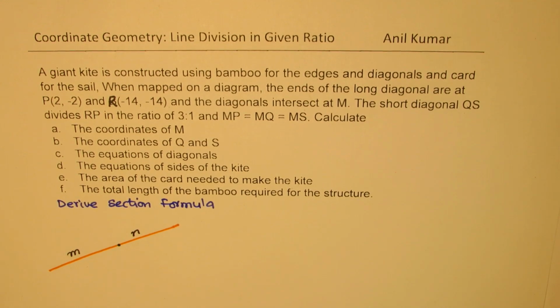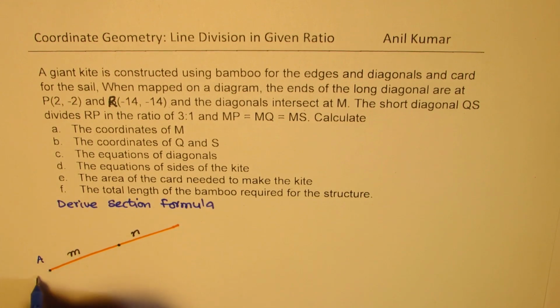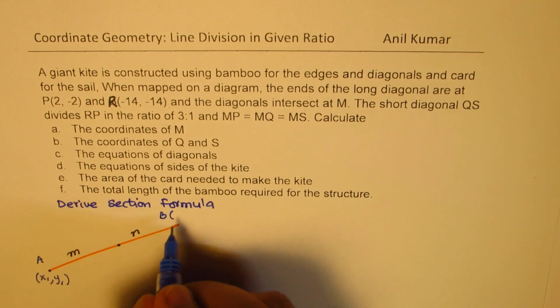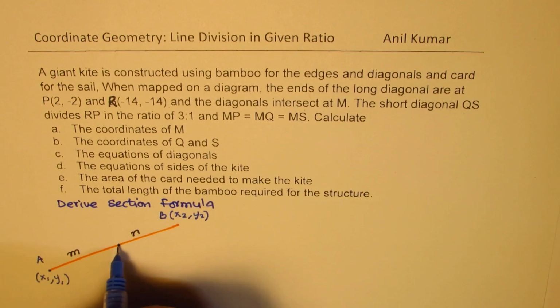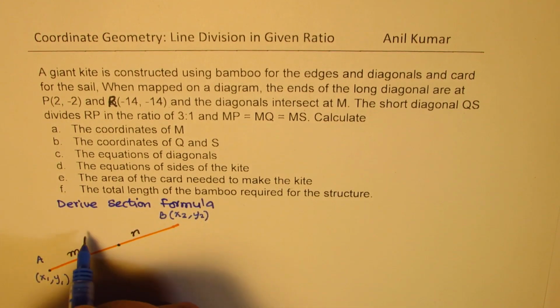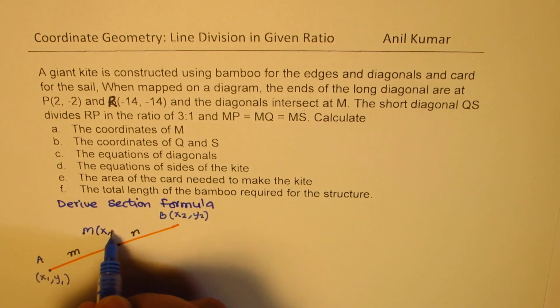Let us say the coordinates of the point A are (x1, y1), and for B, (x2, y2). And this is the point which we are interested in finding. Let's call this M, with coordinates (x, y).